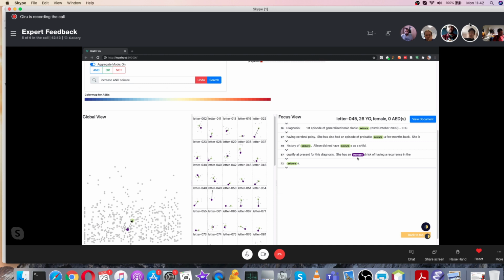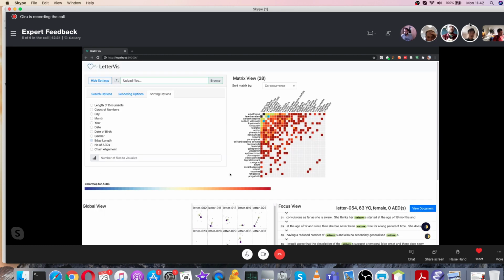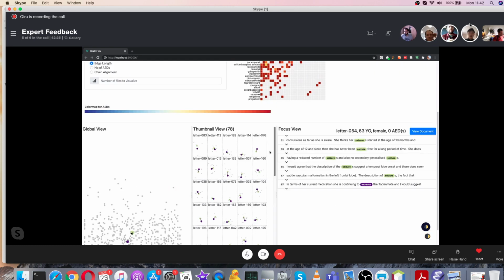Again, dosage. Can you filter on the distance between the two terms? Yes, that's your edge length. Okay. So that's absolute distance, because that's the distance between centroids.